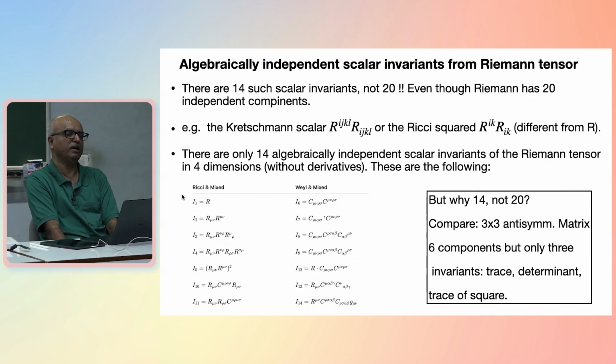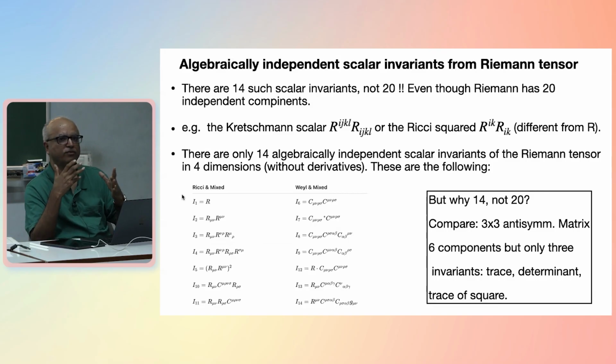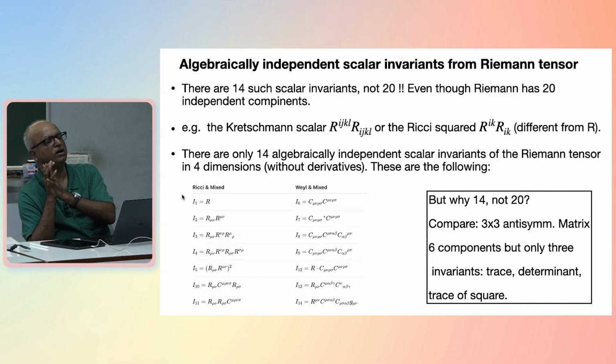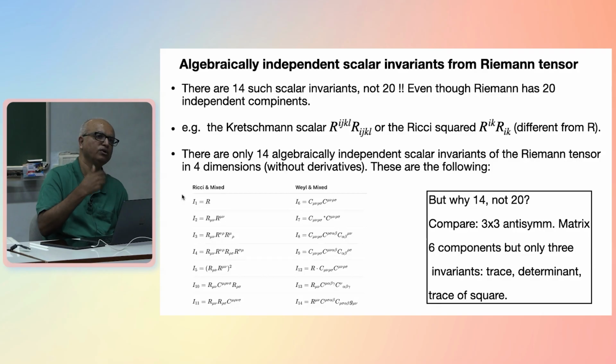If you are measuring a gravitational field and you are asking what is its strength, you cannot do that in a coordinate dependent way, because your components will change with coordinates.